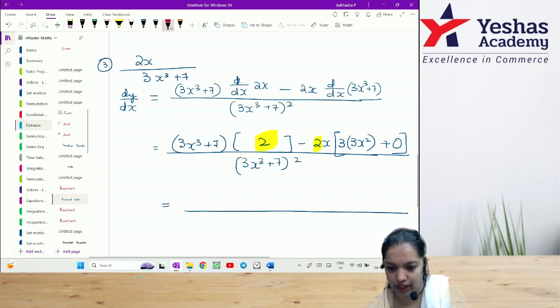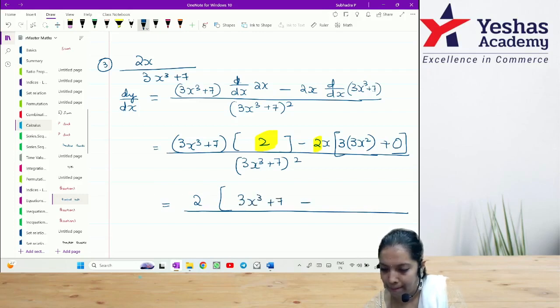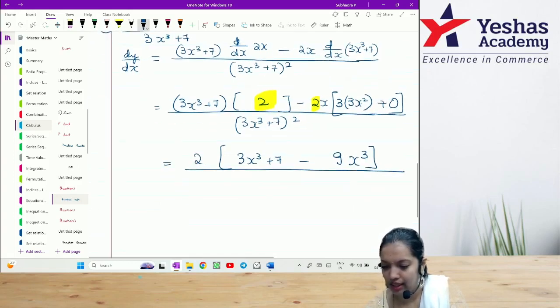There is no common. So if you take 2 common outside, it is 3x cube plus 7 minus x of 3 into 3 is 9. Multiply all. x into x square is x cube. 3 into 3 is 9.